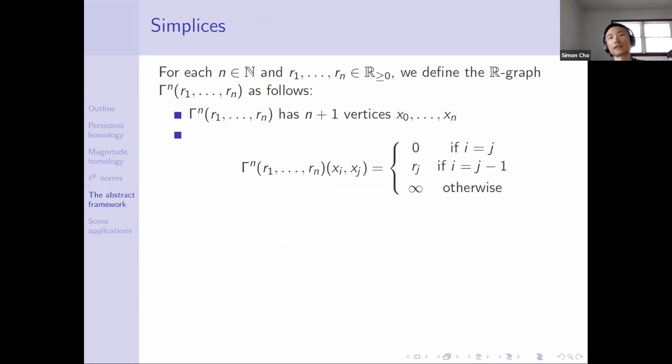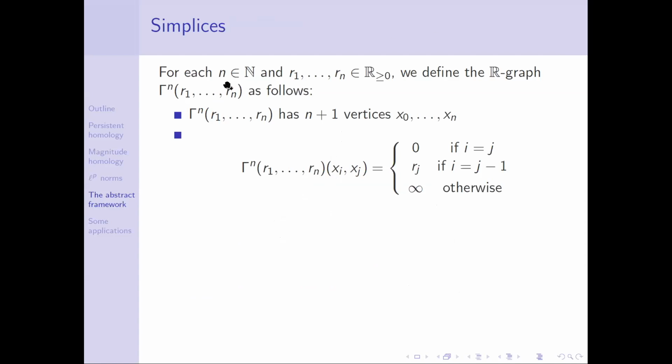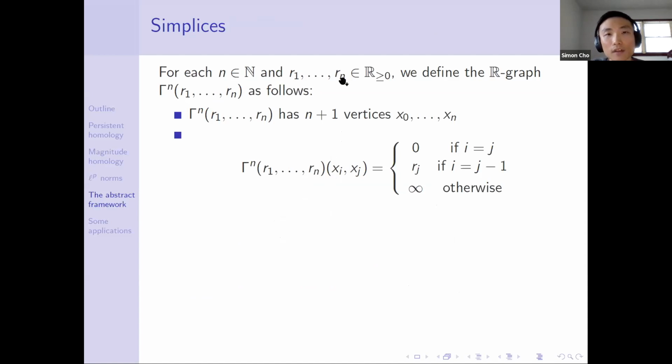Okay, so we're going to construct our test spaces. For any n, and any tuple of real numbers for our distances, we just connect all of them head to tail, and we make the R graph out of it. So it has n plus 1 points, x0 through xn, and the distances between them are just this.